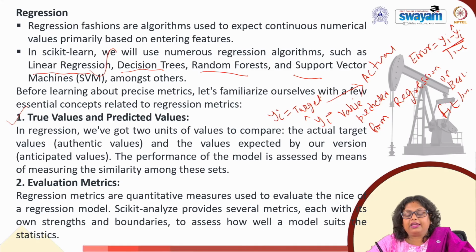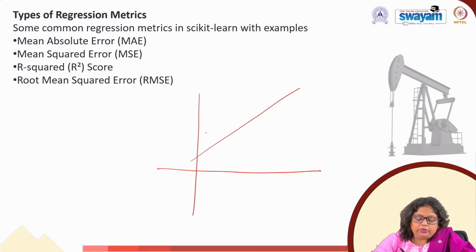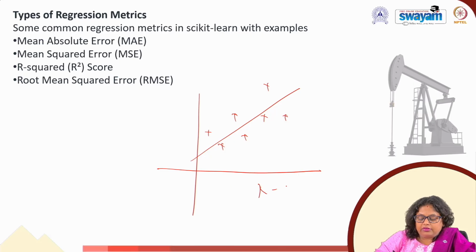So what is the error here? We have yi, the target, and then we have yi hat. In the last class we discussed this line, with data on the x-axis and data on the y-axis.